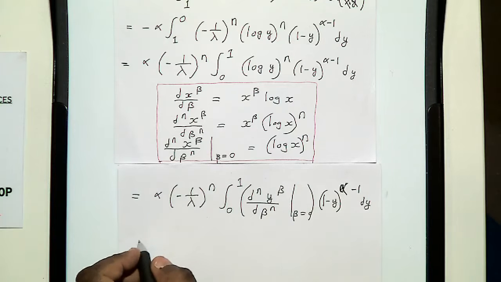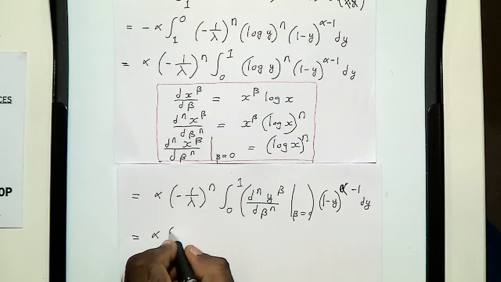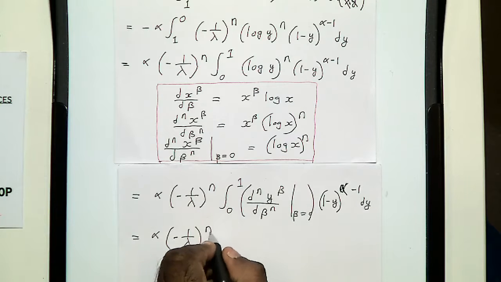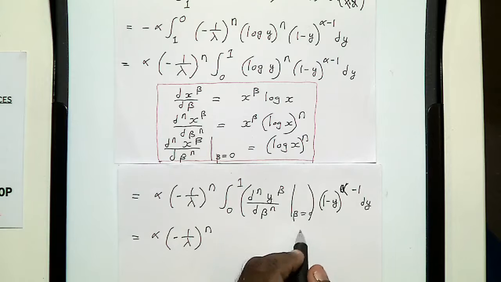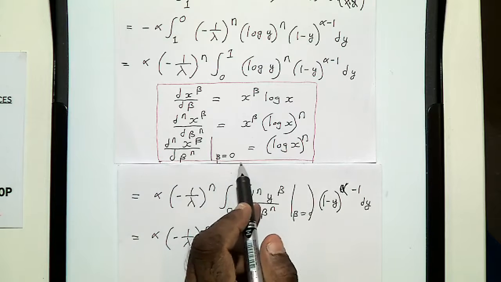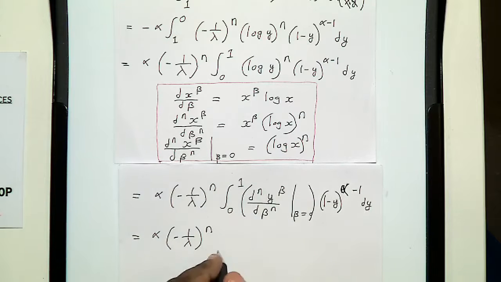Okay, now I'm going to take what this means at beta equal to 0. So I'm going to take it outside of the integral.